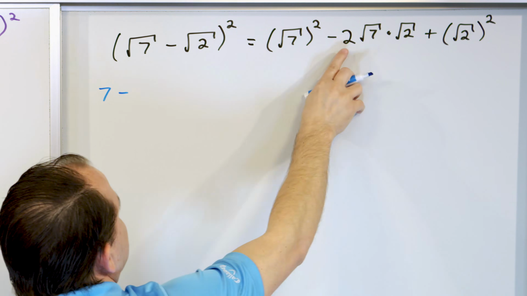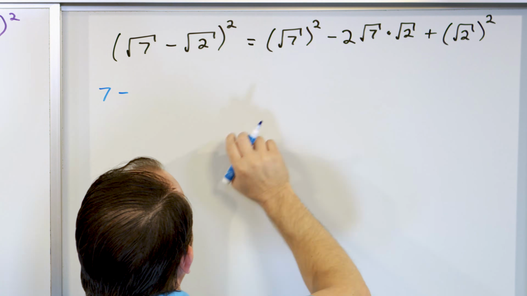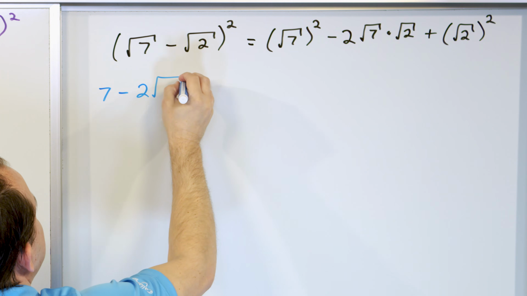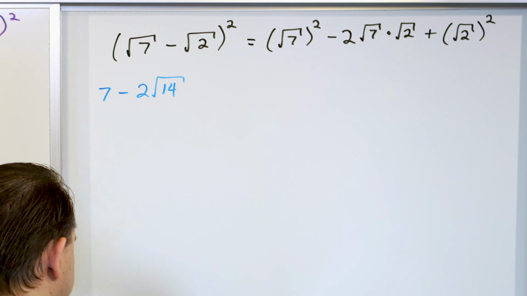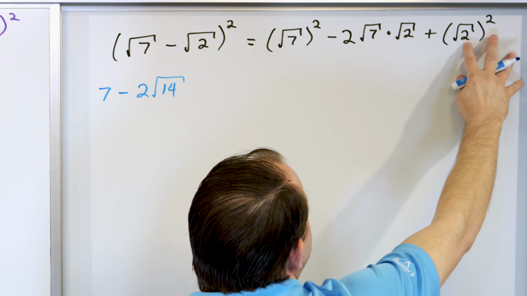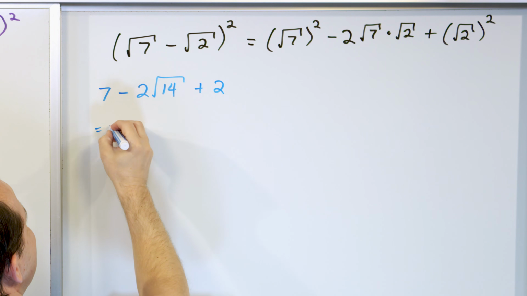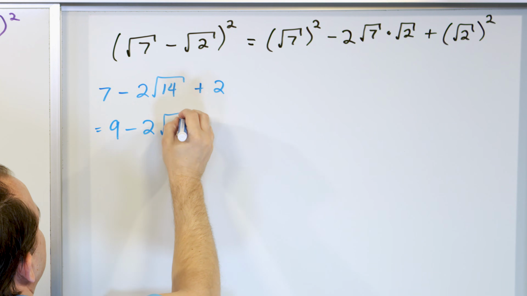The minus 2 here will be carried along, but we have radical times radical, so we can bring it under a common radical and make it the square root of 14, because 7 times 2 is 14, so we can bring that inside. And then we have a cancellation there, so we have a plus 2. And then 7 plus 2 is 9, minus 2 square root of 14.